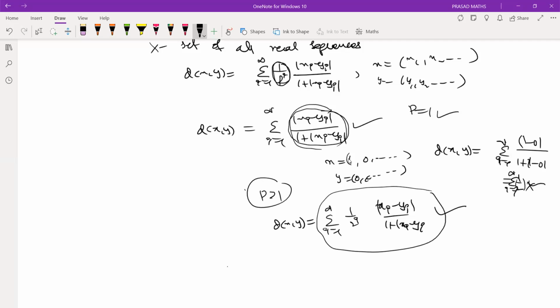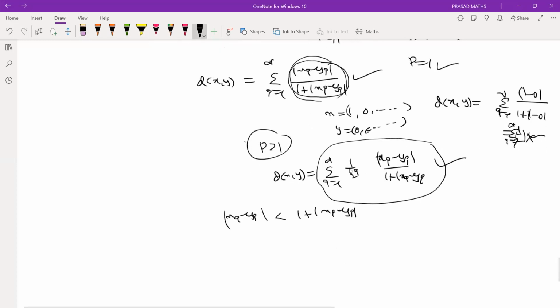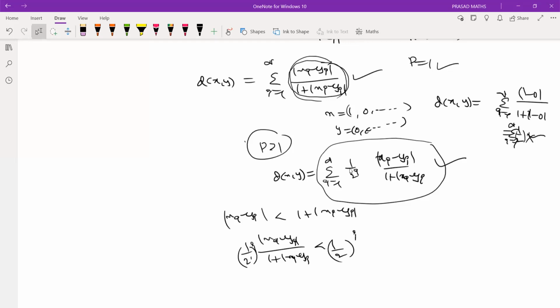You know that mod of xi minus yi is always less than 1 plus mod of xi minus yi. This is always true. So mod of xi minus yi divided by 1 plus mod of xi minus yi is always less than 1. When you multiply on both sides by 1 by 2 power i, the inequality doesn't change because 1 by 2 power i is positive.